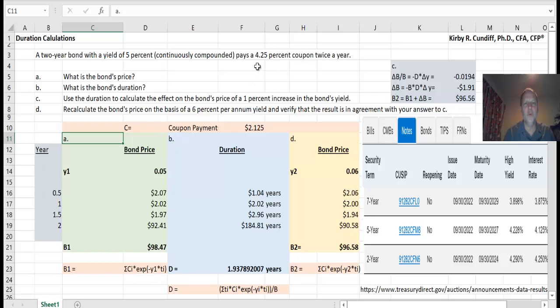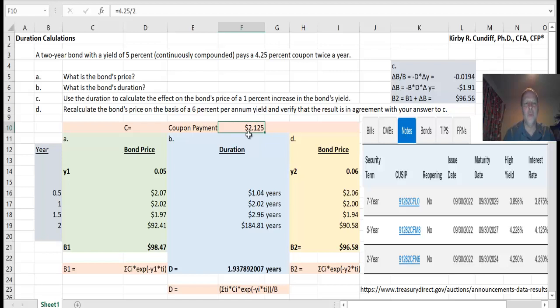We have a 4.25% coupon bond. It's assumed to have a face value of 100, so we take 0.0425 times 100 and divide it by 2, and we get $2.125.